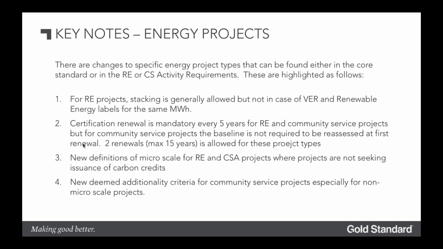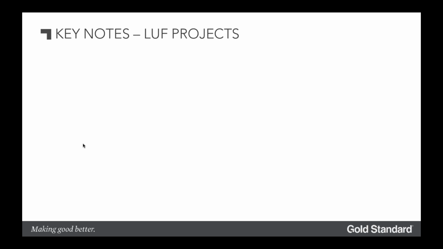There'll be a maximum certification period of 15 years instead of the default 10. There's some new definitions around microscale and deemed additionality for those projects that you might want to take a look at. Generally, you'll find a lot of the requirements are very familiar at the activity level with some minor tweaks. If you're not sure how to apply them, do let us know. We're happy to talk you through that.